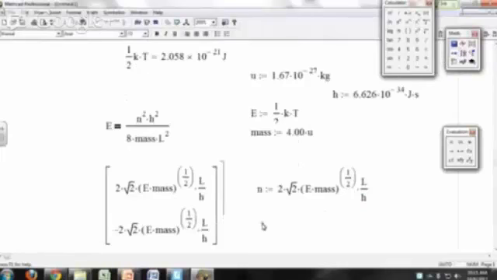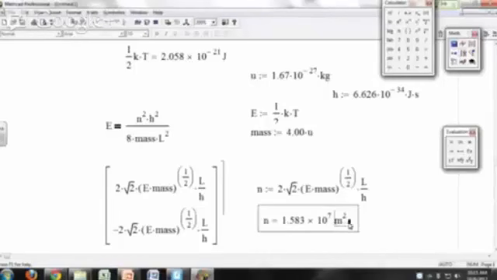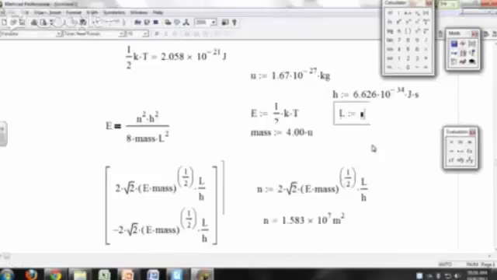So we get an N equal to... it should be unitless, right? Oh, we haven't defined L, that's why. L equals 1 meter. There. Okay, so it's 1.58 times 10 to the 10th. So that's what, 15 billion, right?